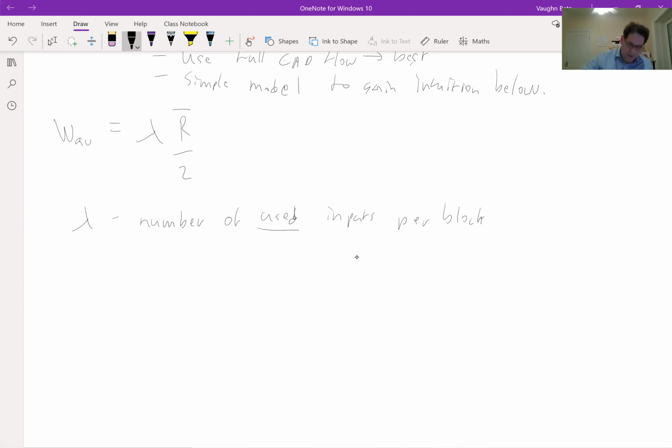Okay, so if I have a 4 LUT, I know that lambda is no more than 4 because I only have 4 inputs. So for sure, the average block can't use more than 4 inputs. In fact, the CAD tools usually can't use all the functionality of a LUT all the time for all sorts of reasons. Maybe you just have not that much logic between 2 registers and so on.